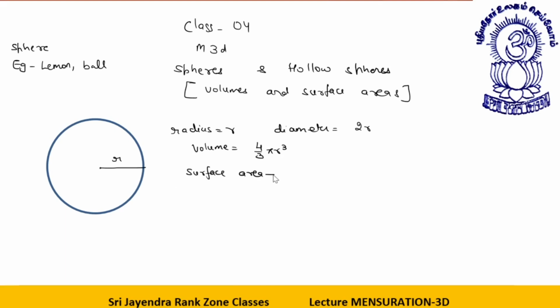The surface area of a sphere is totally curved surface area, and this is equal to 4 pi r square. I hope everything is clear to everyone so far. Okay, let's proceed ahead.